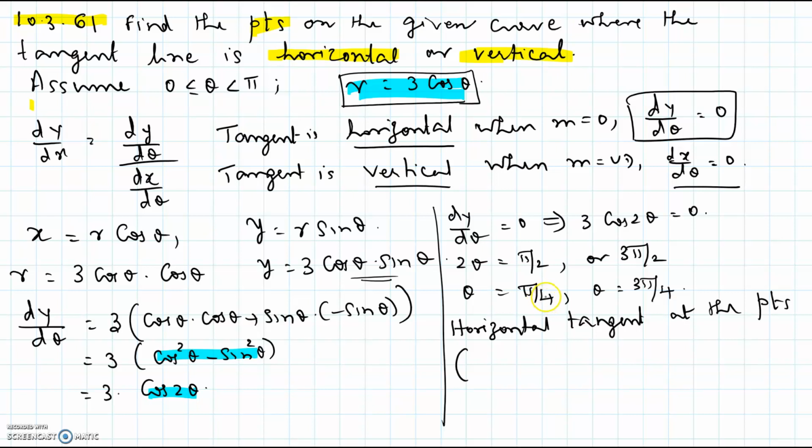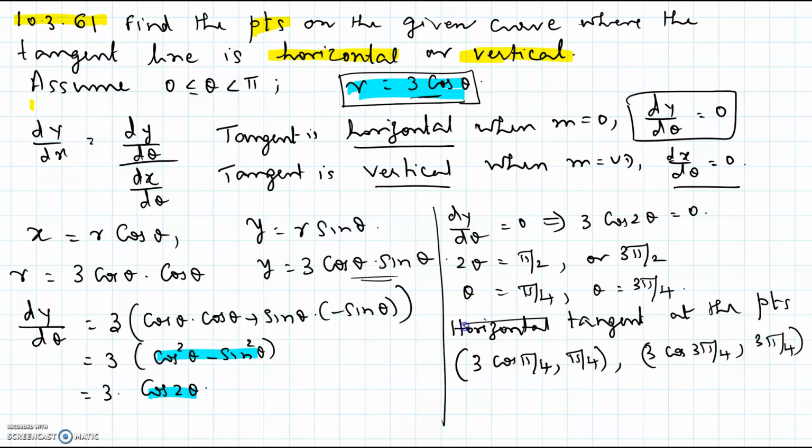When theta equals pi by 4, if you substitute into the original equation, r equals 3 cosine pi by 4, so the point is 3 cosine pi by 4, comma pi by 4. The other point is 3 cosine 3 pi by 4, comma 3 pi by 4.